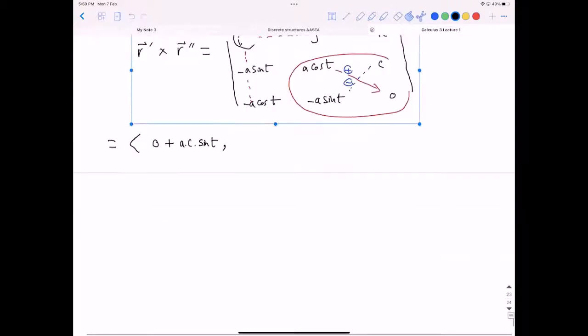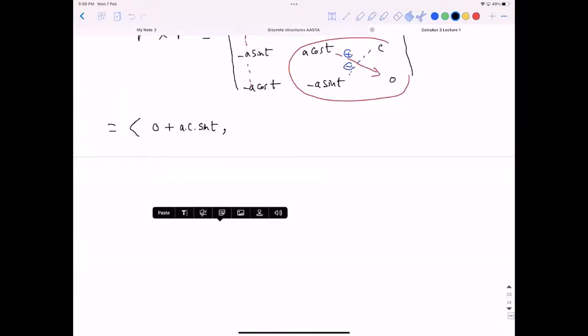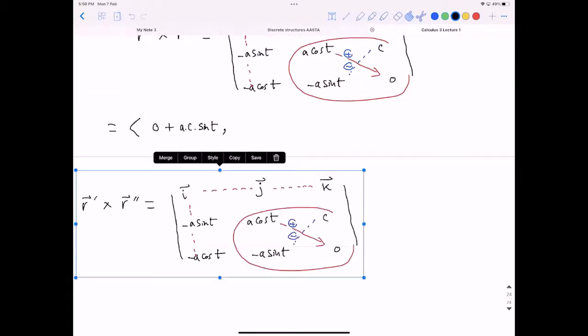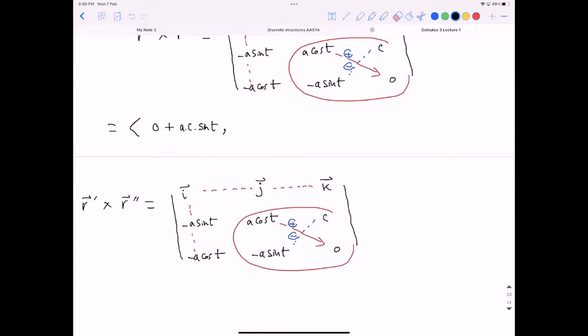I'll put it here in detail to show you what to cover, what to remove. So this is A cosine t, this is C.